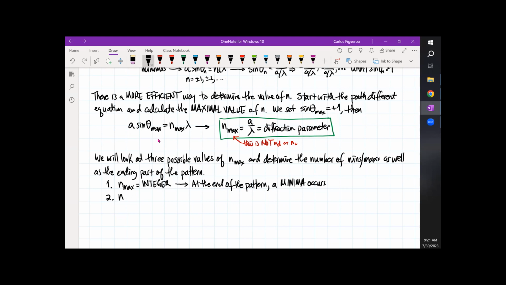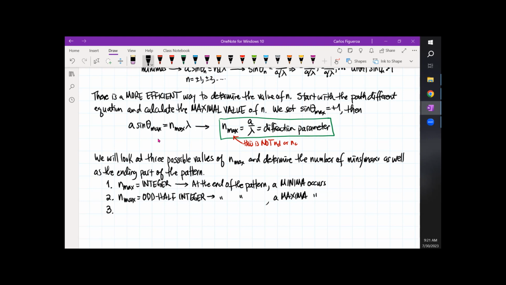However, if n max is an odd half integer, then at the end of the pattern, a maxima occurs.